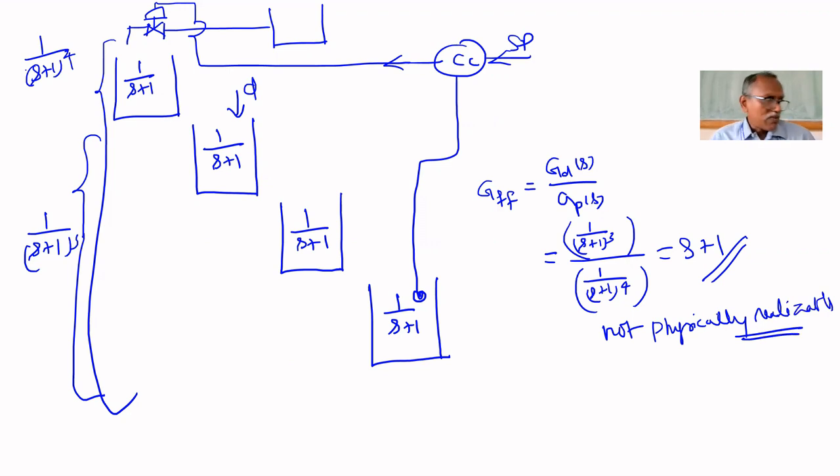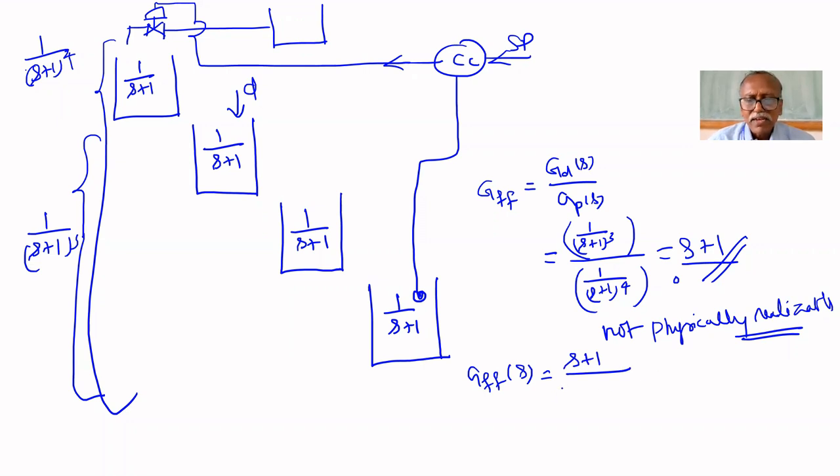So in that case, what we can do is we can add some small time constant in the denominator deliberately. Let us include GF of s, that is the feed forward controller, equal to s plus 1 as we derived.